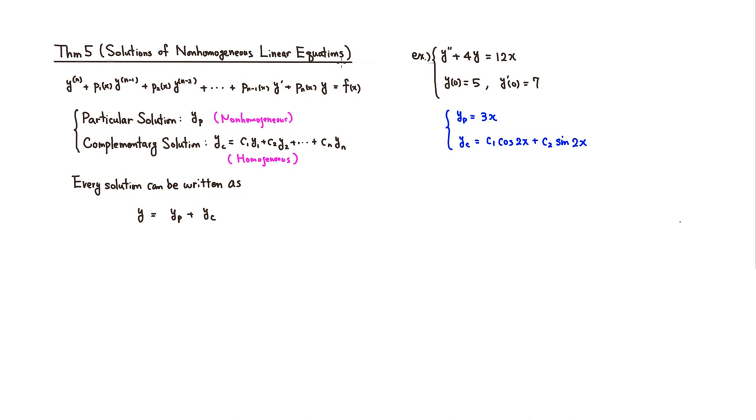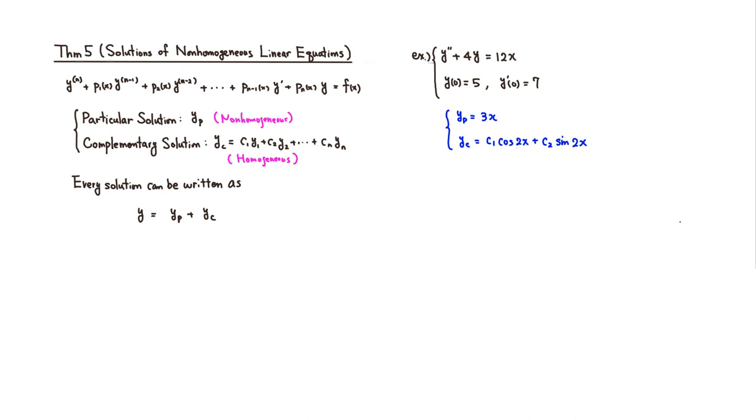Let's look at a very small example. Here's the initial value problem: y double prime plus 4y is equal to 2x, and the initial conditions are y of 0 equals 5, and y prime of 0 is equal to 7. Let's say the particular solution is given, which is 3x, and the complementary solution you can find through the characteristic equation: c1 cosine of 2x plus c2 sine of 2x.